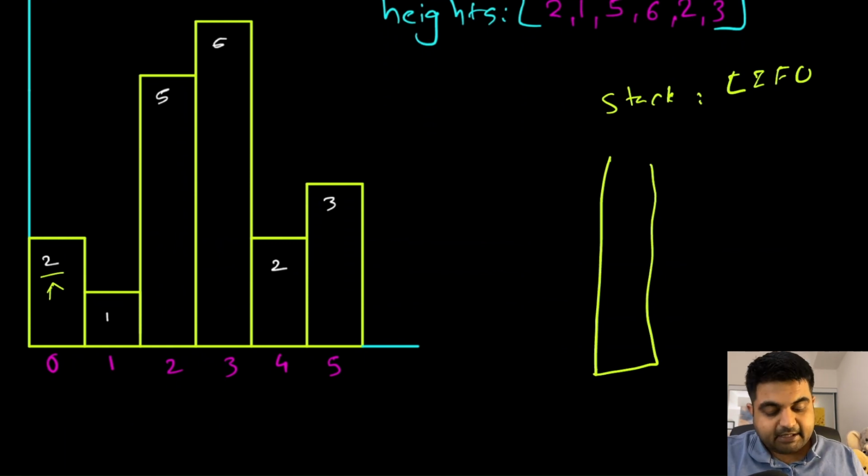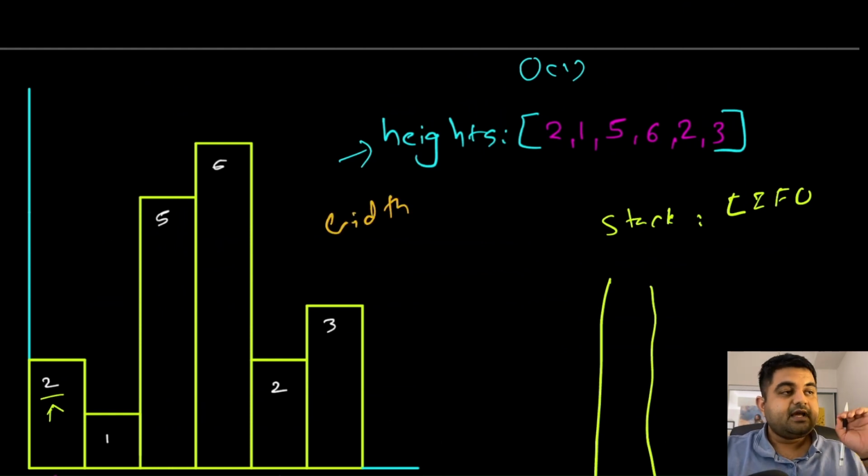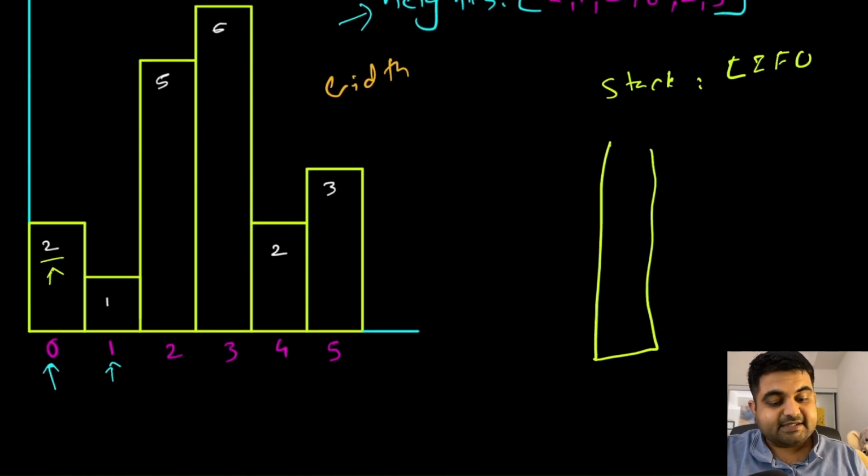So rather than that, a better approach is to store the index values, and using the index values we can quickly look up the bar height at that position in big O of one time, because we already know the index position, and we would also be able to calculate the width depending on the current index position and the existing index position inside the stack.